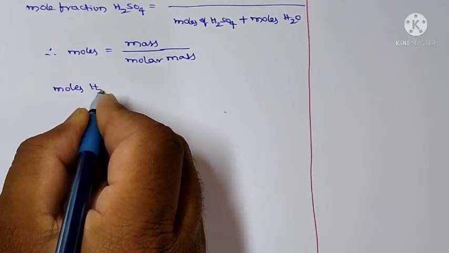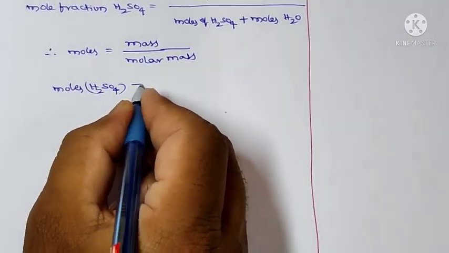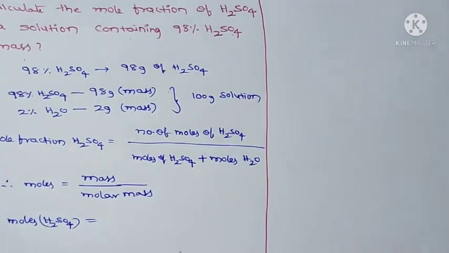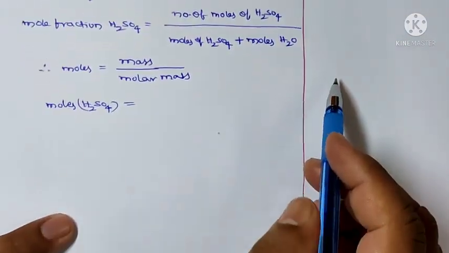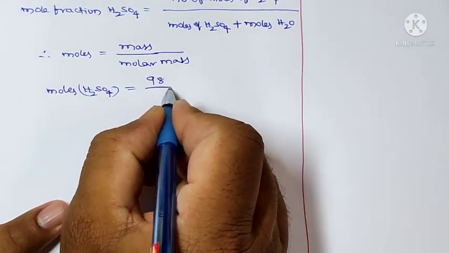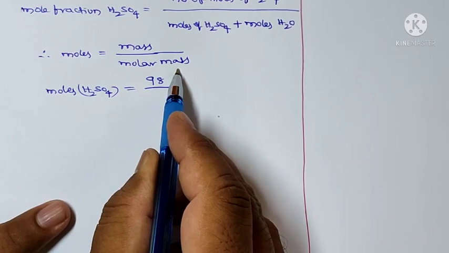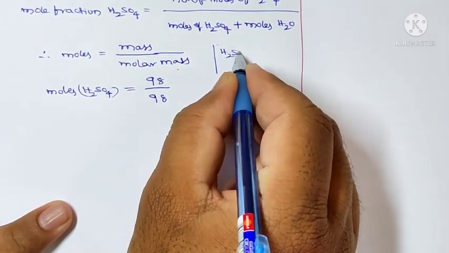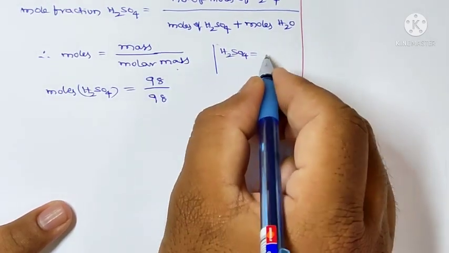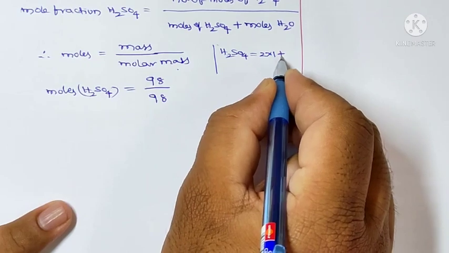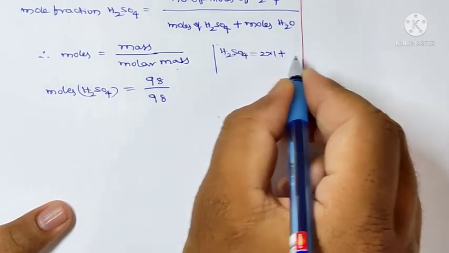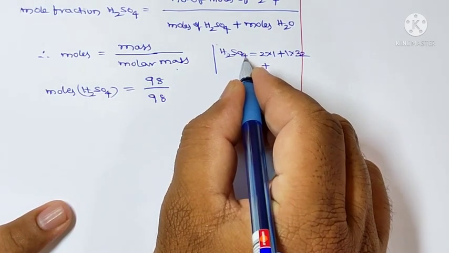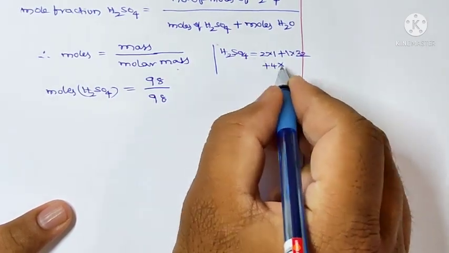So moles of H2SO4 is equal to mass of H2SO4, 98 grams, and molar mass of H2SO4 is also 98 grams, because H2SO4 is equal to 2 hydrogens, 2 into molar mass of hydrogen 1, plus 1 sulfur, 1 into sulfur molar mass 32, plus oxygens 4 into oxygen molar mass 16.